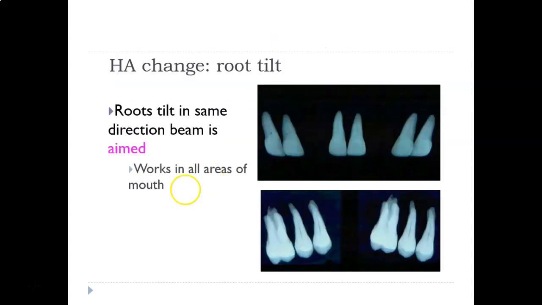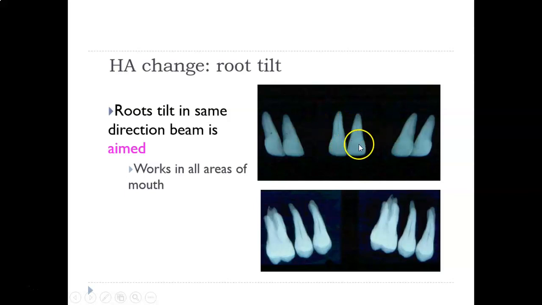So here we go. This is showing how changing the horizontal angulation will tilt roots. With these three pictures, here's central incisors, and the shot is being taken straight down the middle. It's hard to say mesial or distal really because we're at the midline.